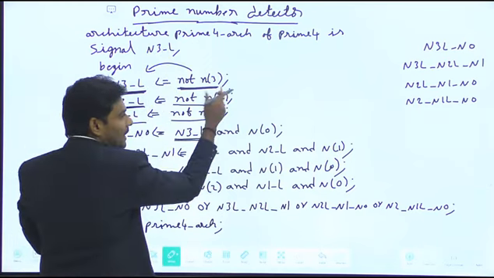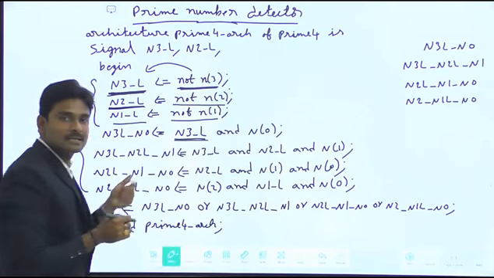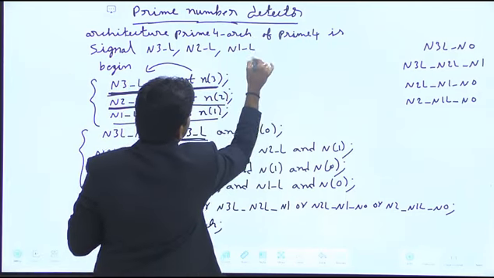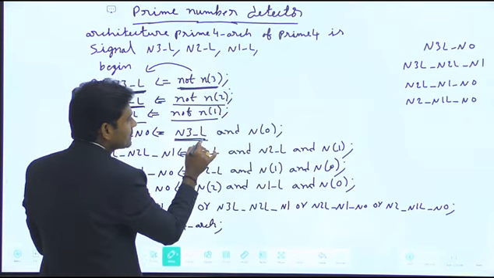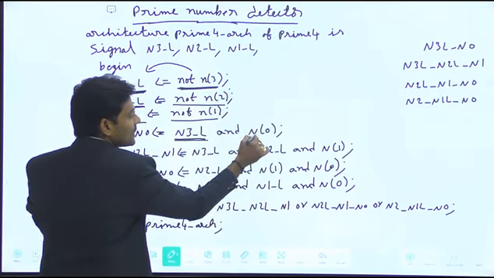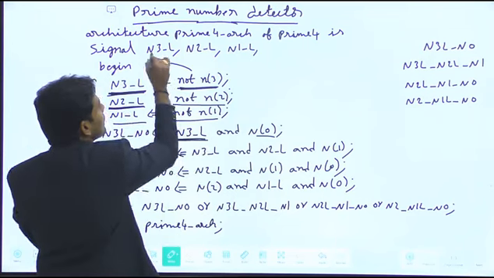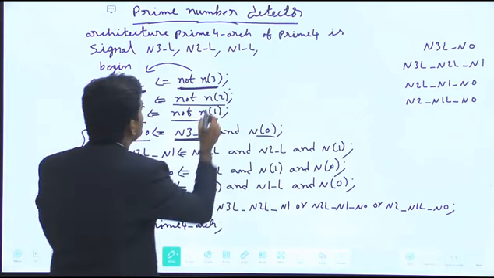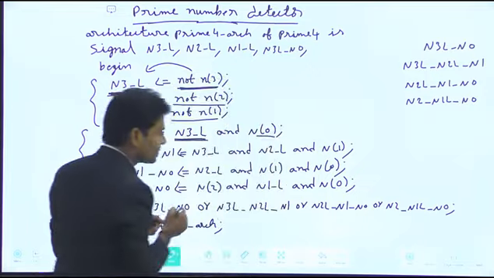Coming to the second one, N of 2 is defined, but N2_L is not defined, so I considered that. Then N1 is defined, but N1_L is not yet defined. Then coming to N of 0 and N3_L, N3_L I already defined here in the entity, but the combined one is not yet defined, so N3L_N0.